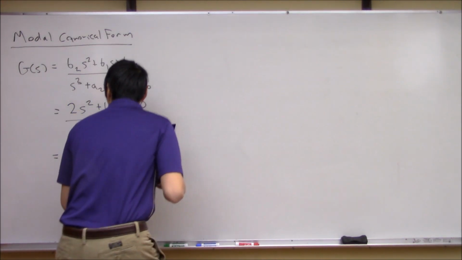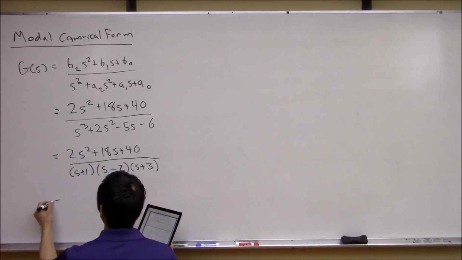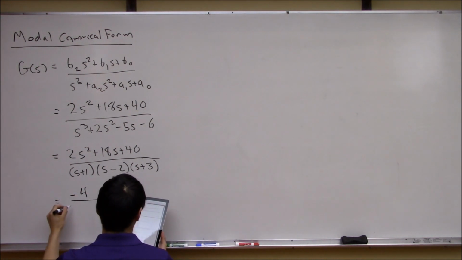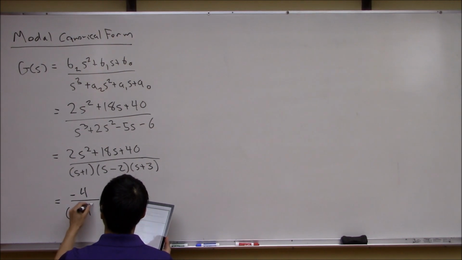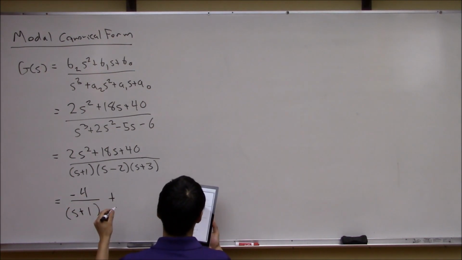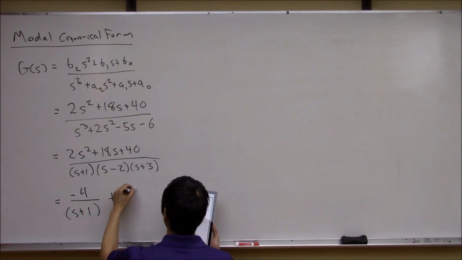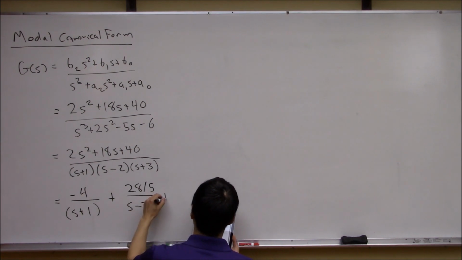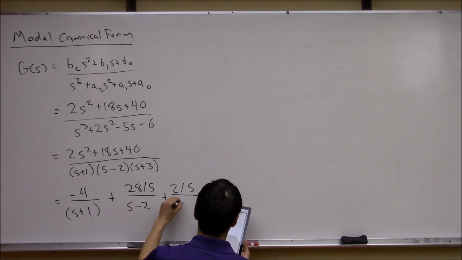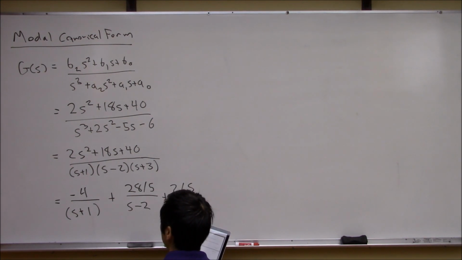If you do that, you can rewrite this as this: -4 all over s plus 1, right? We're going to isolate that, and then let's expand to the second pole. So the second one, you end up with 28/5 all over s minus 2, plus 2/5 all over s plus 3, right?